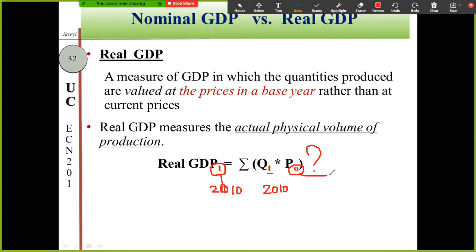That means base year. If you take 2010 as the base year, that's why P here is 2010.